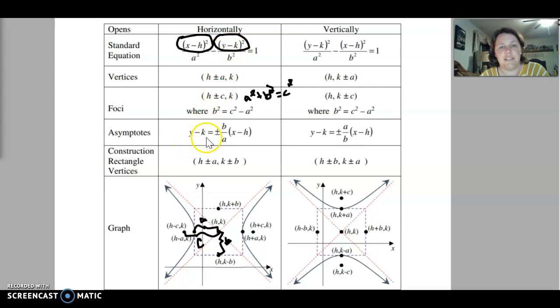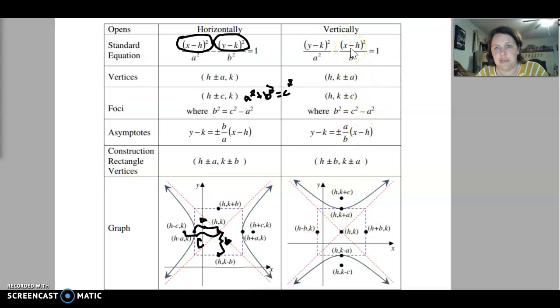Just do y minus k equals plus or minus the value that's underneath the y. So in this case, it's b over a, and then the x minus h. So don't worry too much about that asymptote. That should be really easy to get. That shouldn't take a lot of math to figure out what your asymptotes are. And then there's your construction rectangle vertices as well.